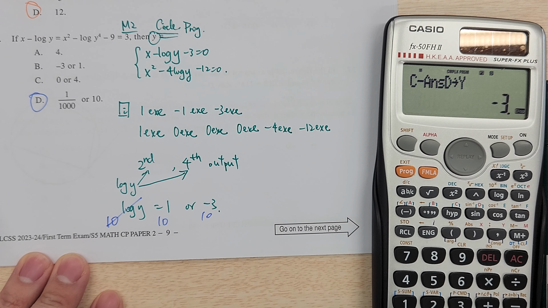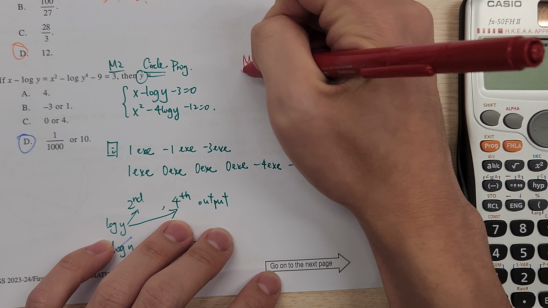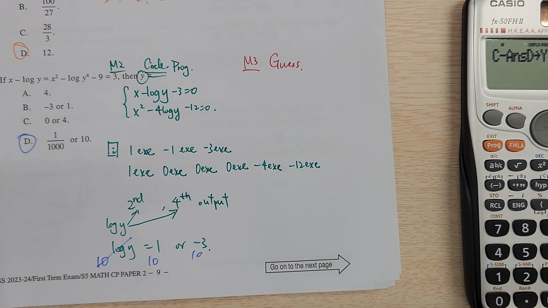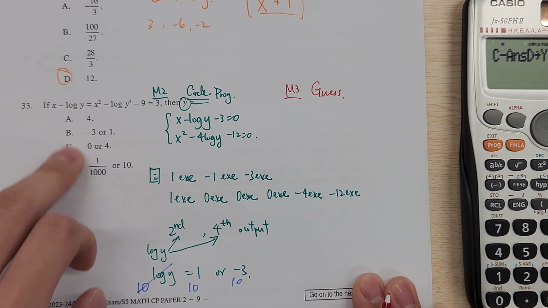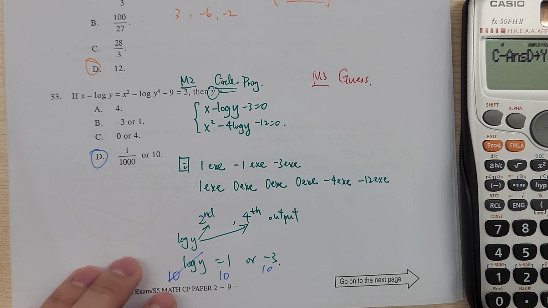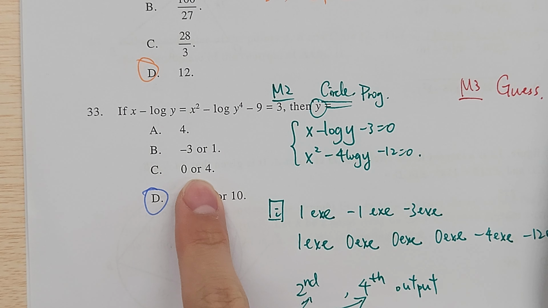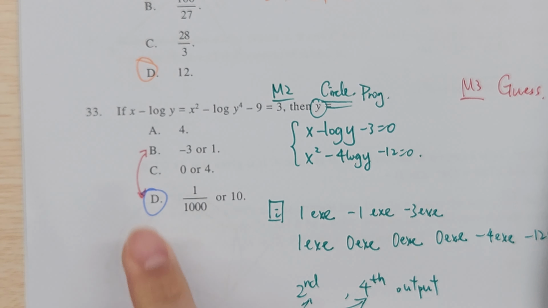So how about method 3? For me, I think this is a guessing skill. Why will I use the guessing method? Let's look at the answers here. For A, B, C, D, what is the relationship between them? I can spot one thing: B and D are very similar.